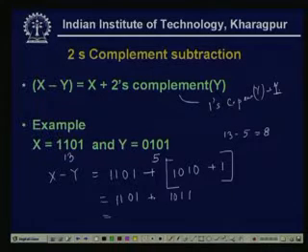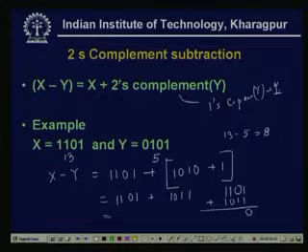If we add 1101 and 1011, then 1 plus 1 is 0 carry 1, then again 1 plus 1 plus carry gives 1 carry 1, and so on, until the final position gives sum 1 and carry 1.